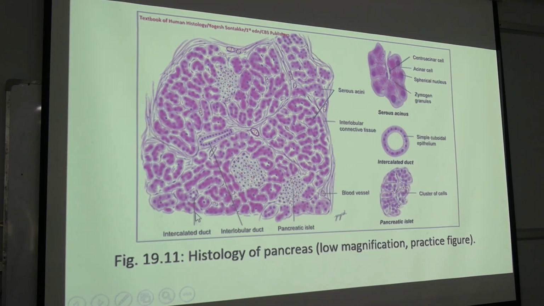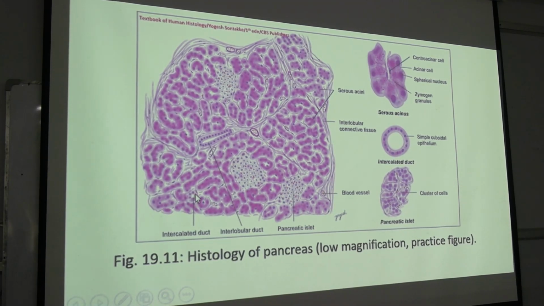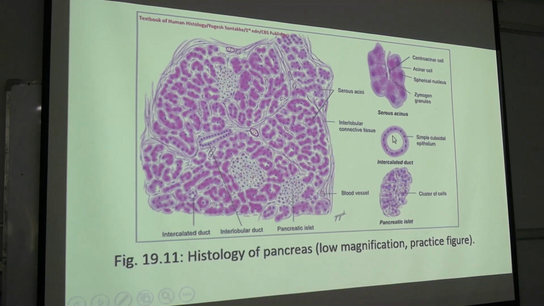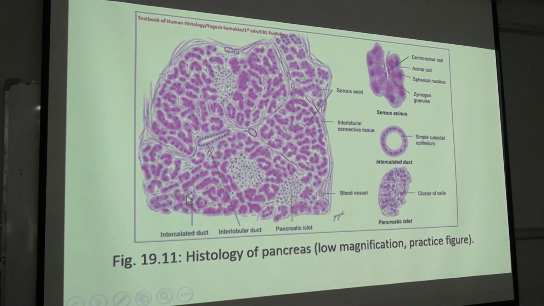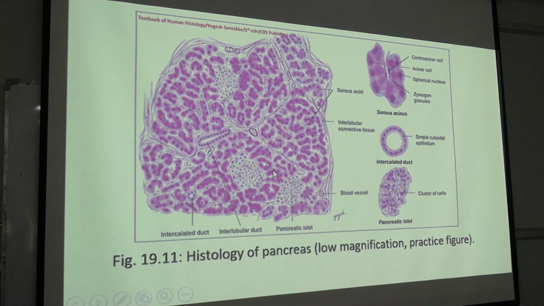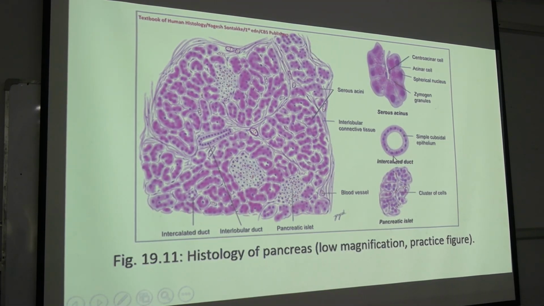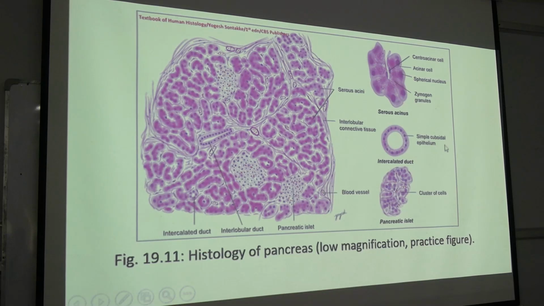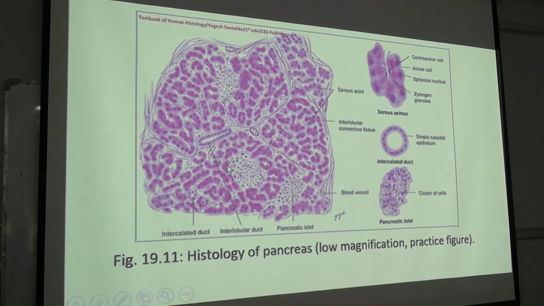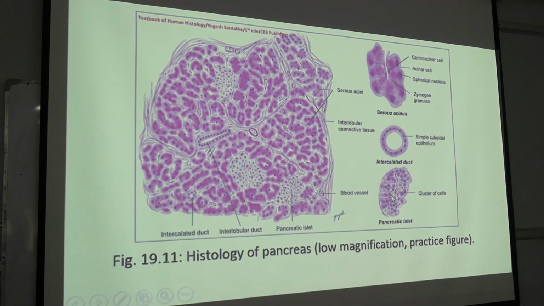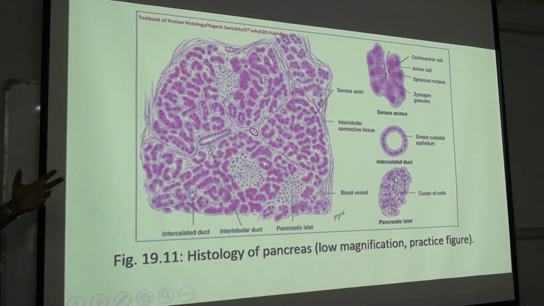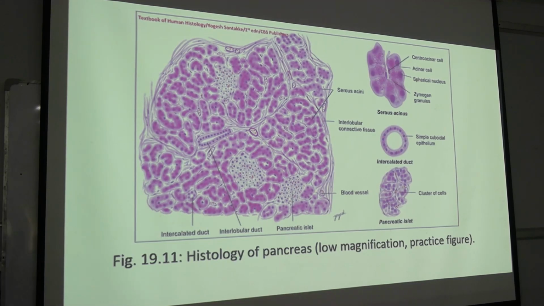If you zoom in on this intercalated duct, it should look like this, having a circular lumen and surrounding simple cuboidal epithelium lining this region. And if you zoom into the clusters, you will see different kinds of cells, different morphological cells, which are seen under electron microscopy, like A cells, B cells, D cells, etc.